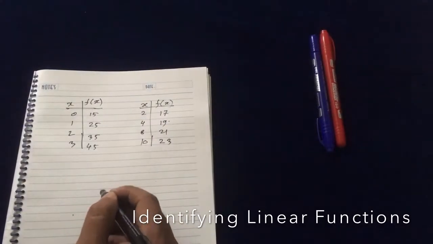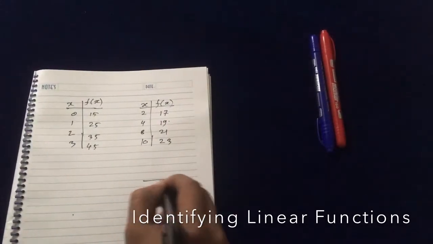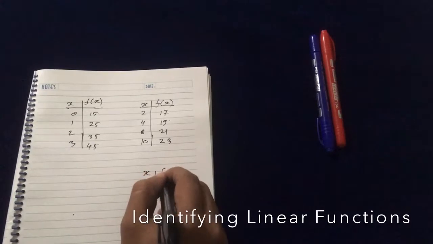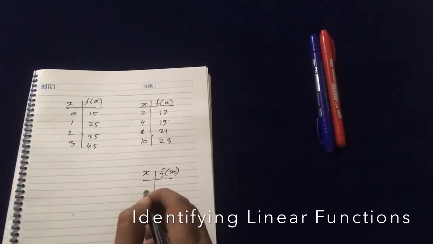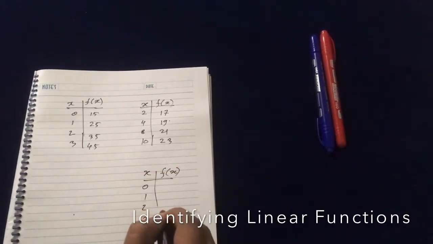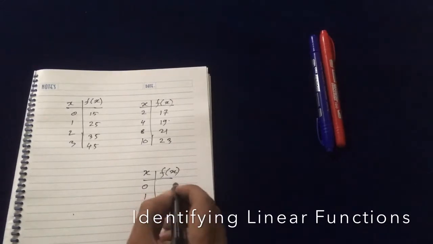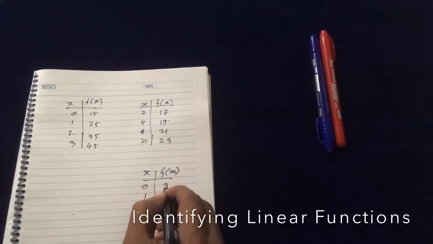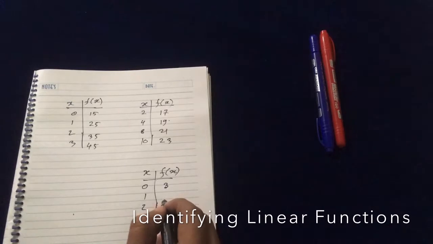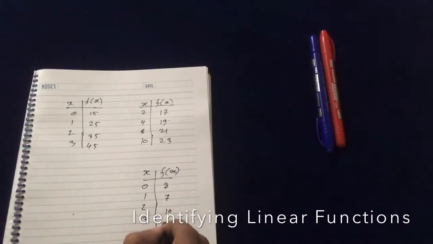Okay, let's write one more. I will discuss all three of them, x, then f(x). Let's write 0, 1, 2, 3, and here, suppose 3, then 7, then 10, then 15.